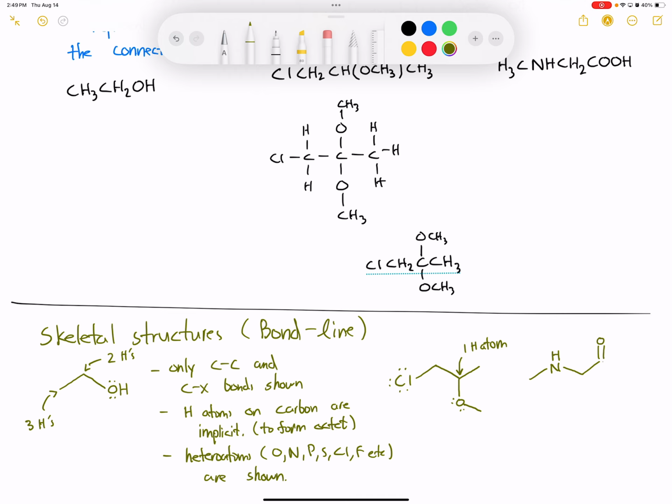Double bond O. The C is implied. OH right here. All right, that's skeletal structure. Oh, I forgot some lone pairs. Just for now, okay? So that's bond line for this last structure we drew from condensed.